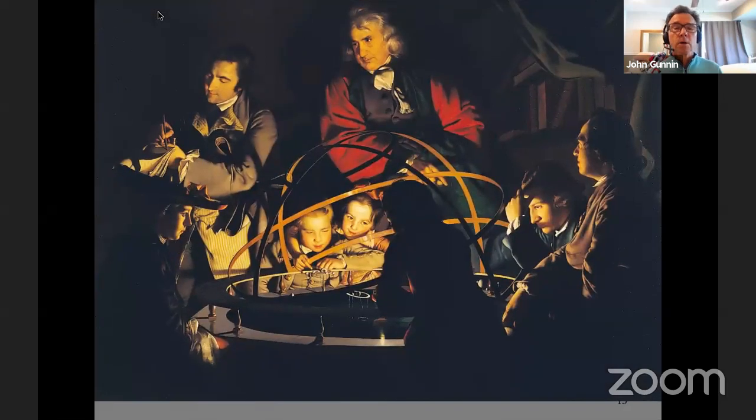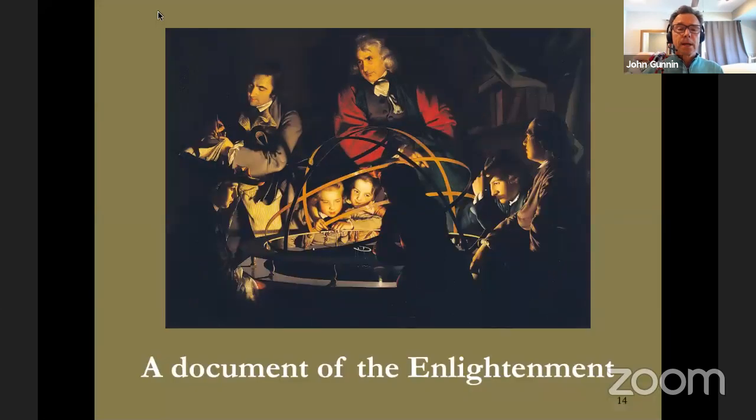Okay, let's go to our first work. I'm putting it there with no identification, so hopefully in your mind you can identify it right away. This is a document. All of our paintings are really documents of their time, just like you have a document in AP European, AP World, or AP US.